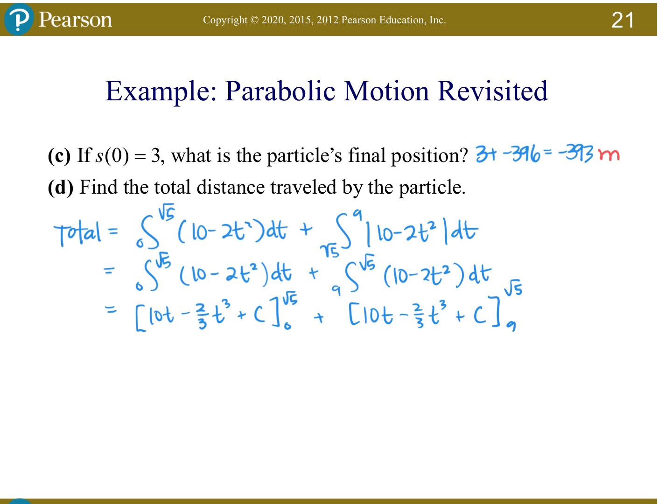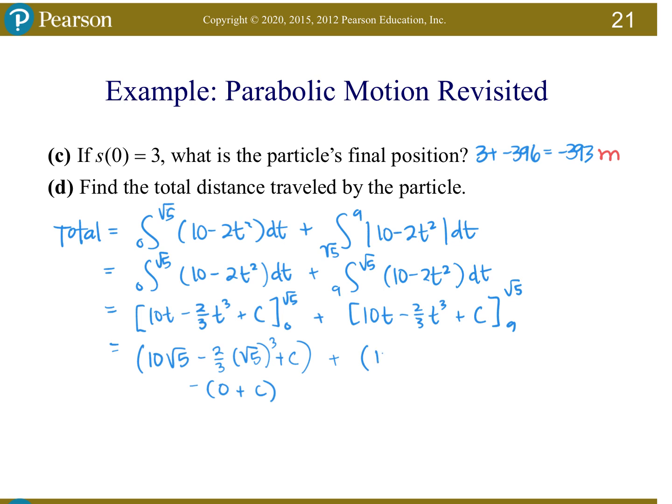So we have 2 separate antiderivatives, or the same antiderivative, but 2 separate intervals. So looking like 10 rad 5 minus 2/3 of rad 5 cubed plus c minus 0.